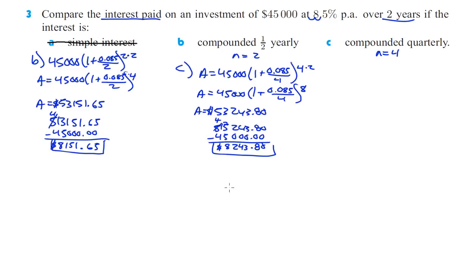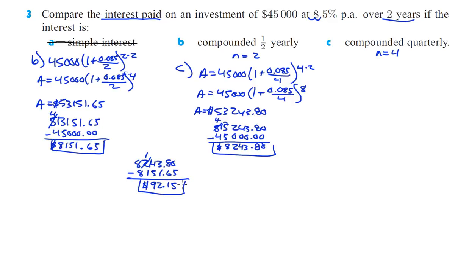Let's actually figure out what the difference is, because I think that'd be pretty important, right? So let's do 8,243.80 and find the difference between that and 8,151.65, right? So that gives us 0.15, and then that gives us a difference of $92.15 over the 2 years.